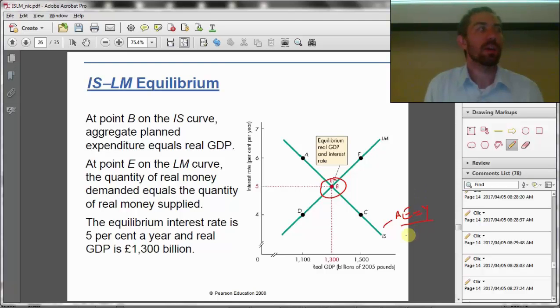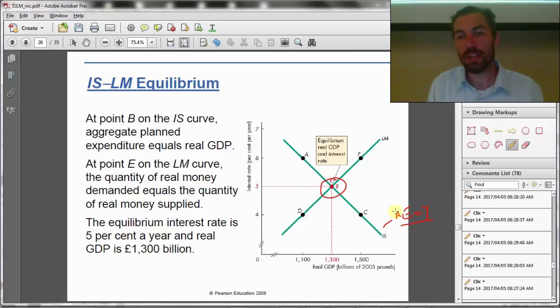In other words, the IS curve shows us all the different locations where AE equals Y given different interest rates. In other words, as we change the interest rate, we shift aggregate expenditure.